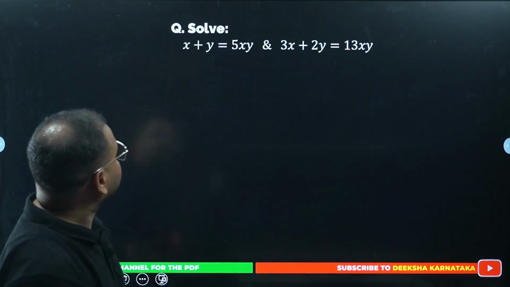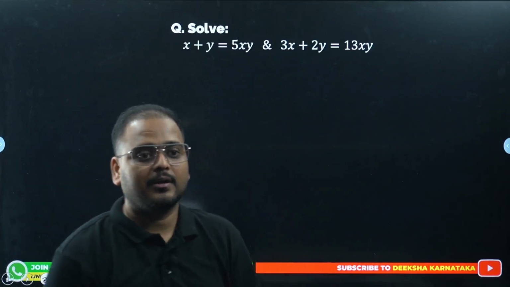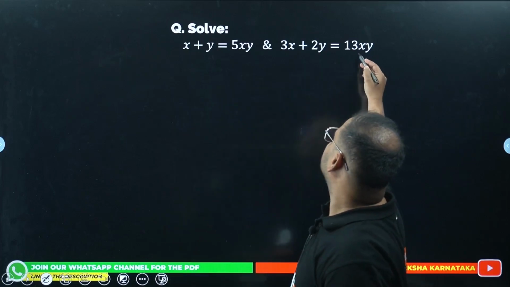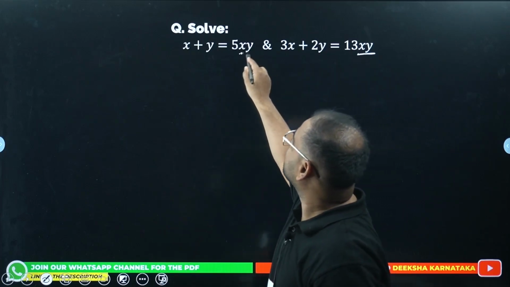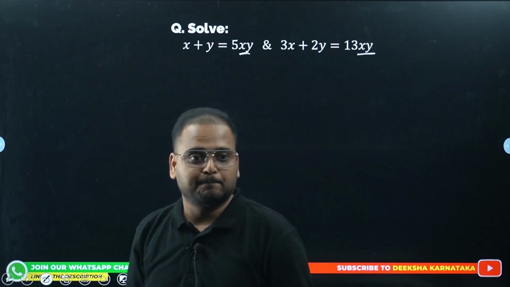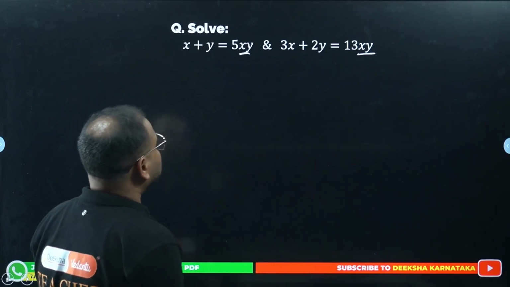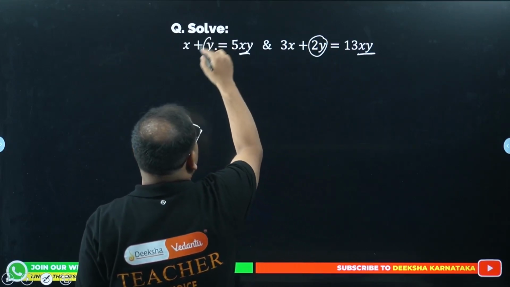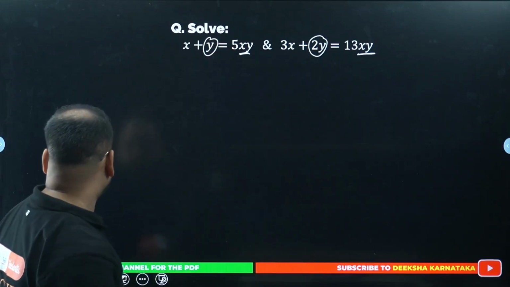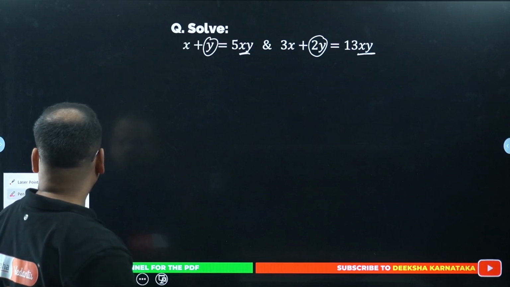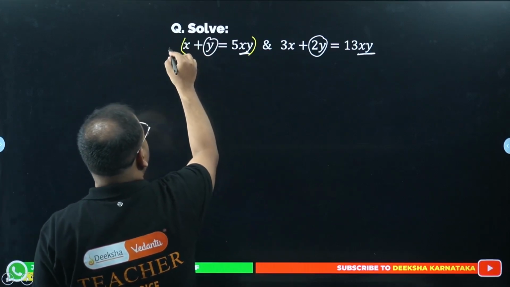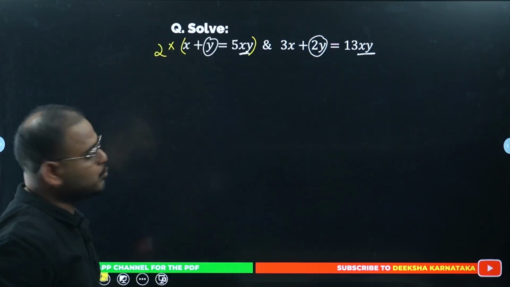Come on. Now this equation looks difficult because there is xy on both sides, but also easy because I can see 2y and y, 3x and x. So what I'm going to do is multiply this equation with 2.